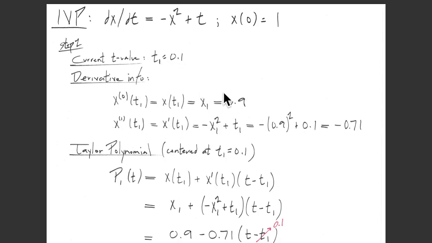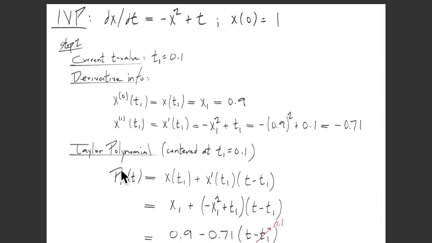We can use those to form a Taylor polynomial of degree 1 centered at our current time, which is t1 equal 0.1. So here's the generic formula for a first degree Taylor polynomial centered at t1. And I'm just plugging in what I know. X of t1, which is x1, which is 0.9. X prime of t1, which we know is minus 0.71. And of course, t1 is 0.1.